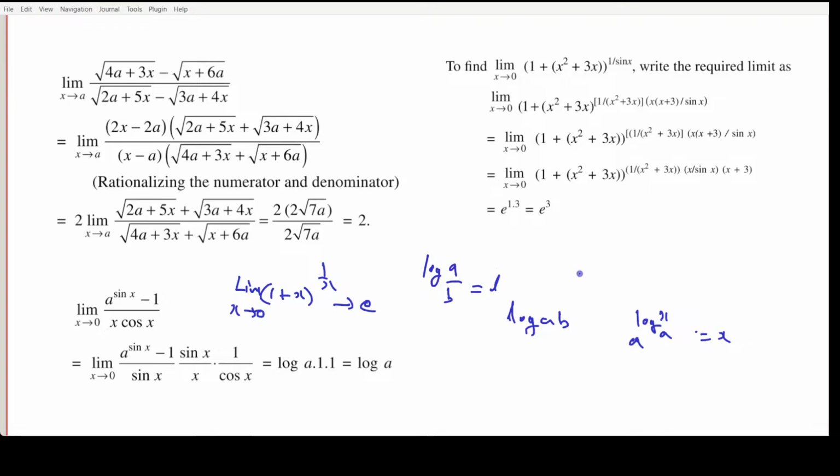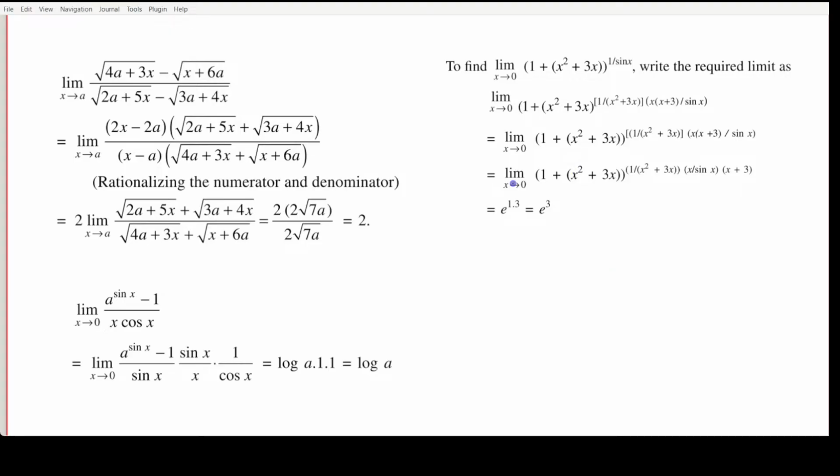So now similarly we have one more limit. You were told about logarithmic differentiation, right? Now you know what is logarithmic differentiation. So for example, a power x.